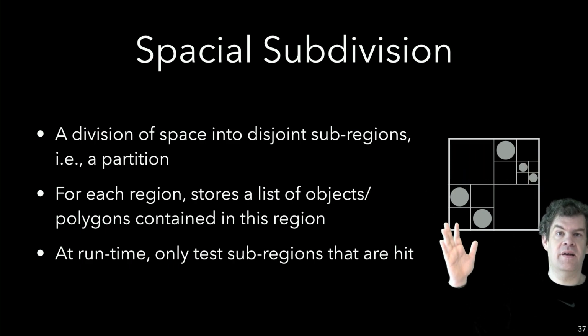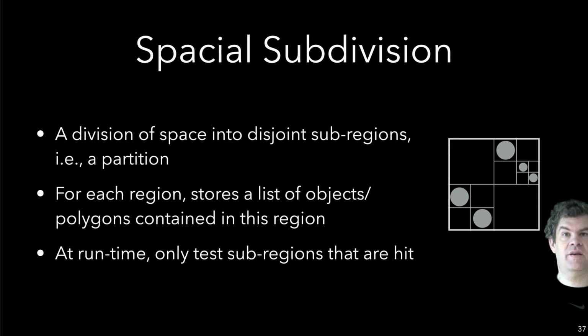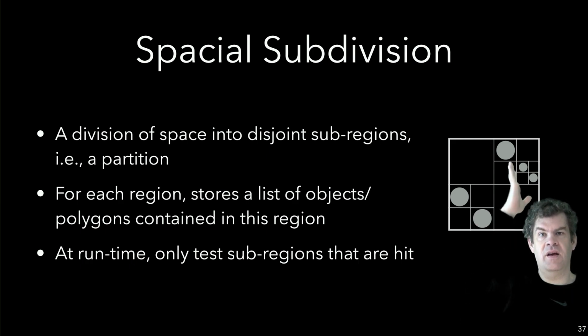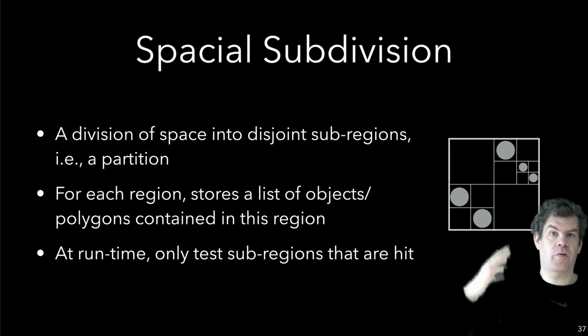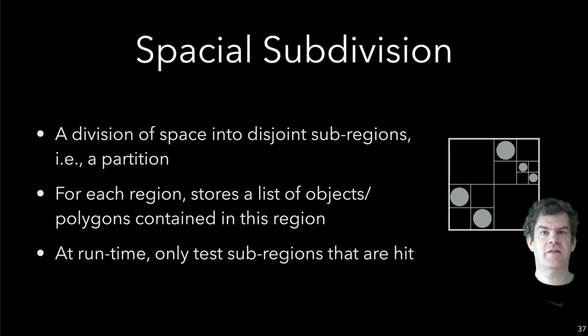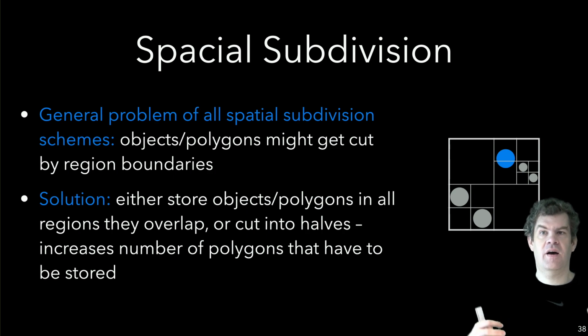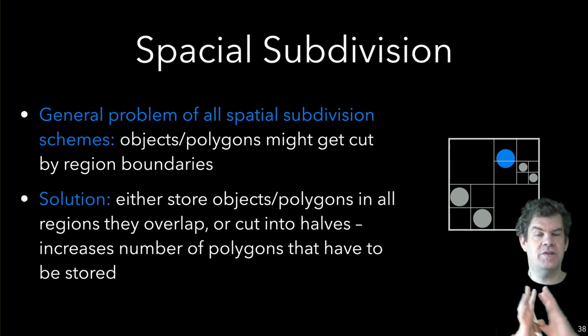So here I take the entire space. Say this square here is my space of everything in the scene. And then I simply separate this space into 4 subspaces and then continue to do this, for instance, here. And in my example here, the objects nicely fit into the 4 subspaces, okay? This might not always be the case. So I might have this situation here where it doesn't fit. And there's a solution to that, but I'll just pretend this doesn't happen here.